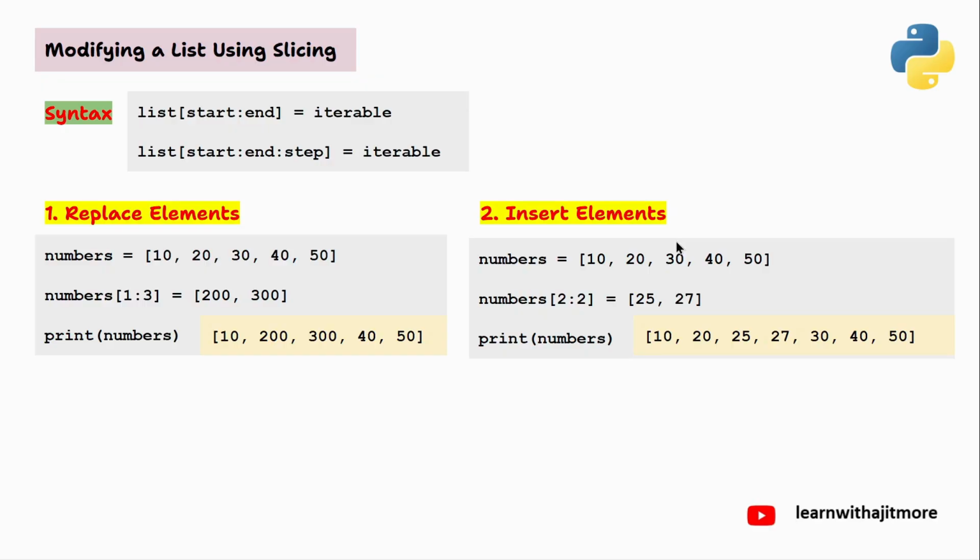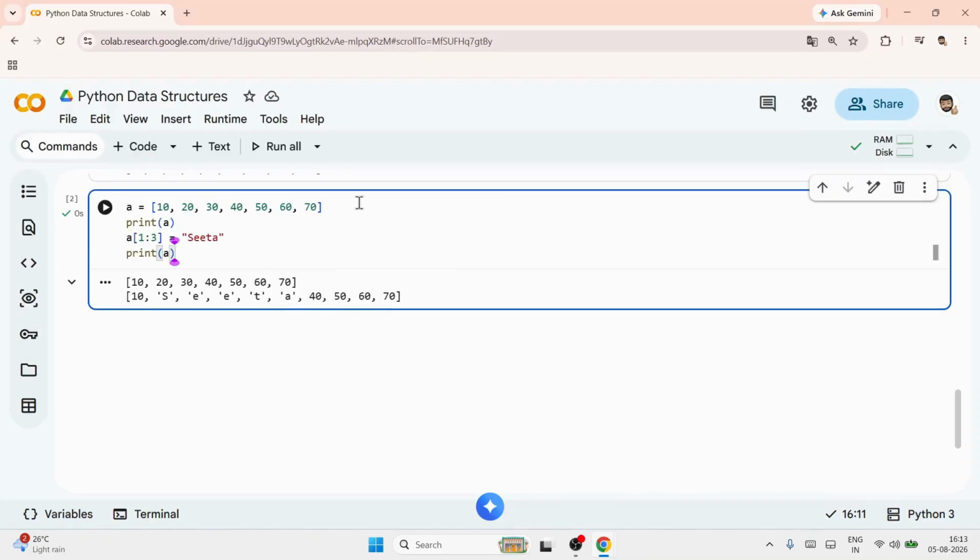Because at the 2 place, शुरू 2 place से किया, but 2 place पे कितने एलिमेंट इंसर्ट करने, मैं रिप्लेस करना है 0 एलिमेंट, क्योंकि ये रेंज क्या बना रहा है? 0 एलिमेंट्स बना रहा है. एंड भी सेम है ना, एंड एक्सक्लूसिव होता है. तो this range makes how many elements? 0 एलिमेंट. So 0 elements are replaced with 25, 27. So whoever was at 2 will get shifted ahead. Get it?